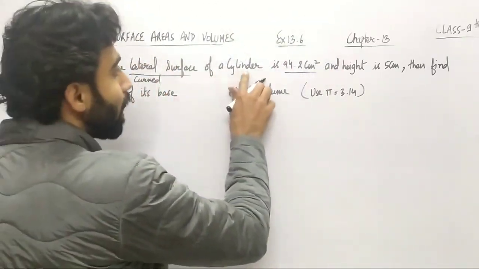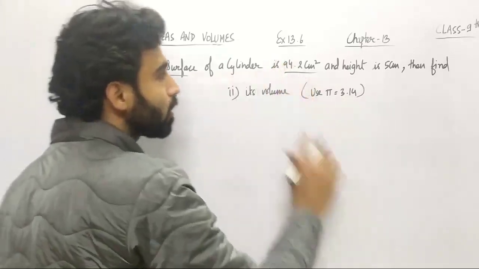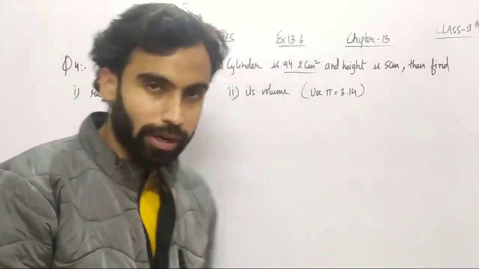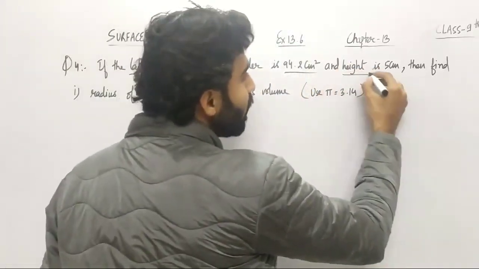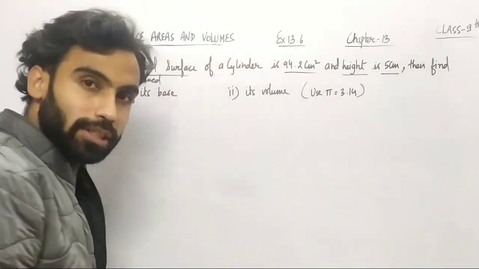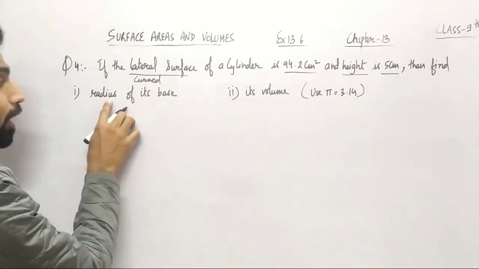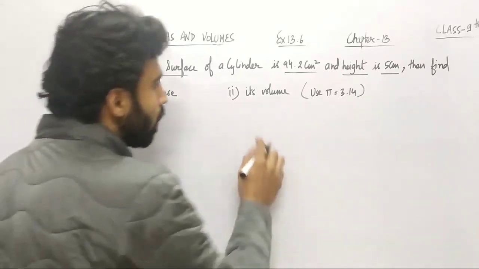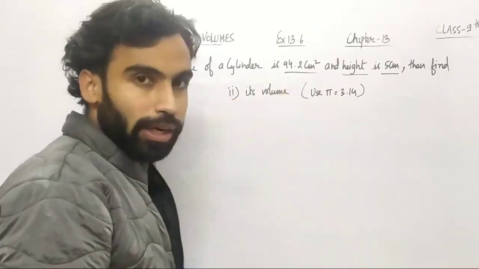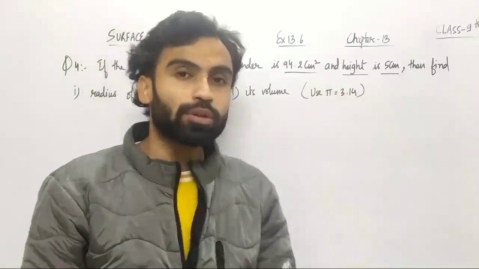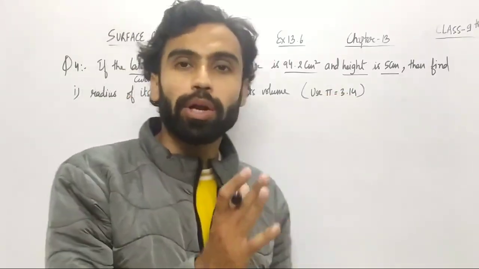Now यहाँ पे हमें एक cylinder का curved surface area given है. Then also the height is given to us as 5 centimeters, right? Now we have to find first the radius of its base and then its volume, right? Also, it is given that we have to use the value of pi as 3.14, right?